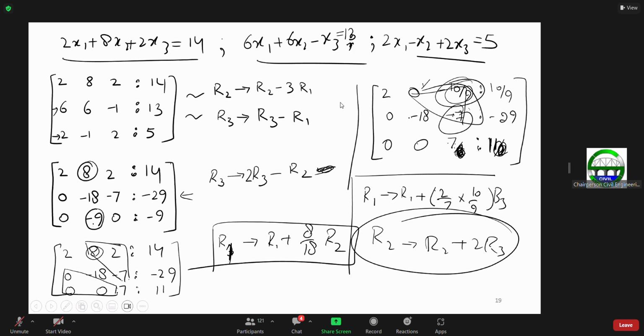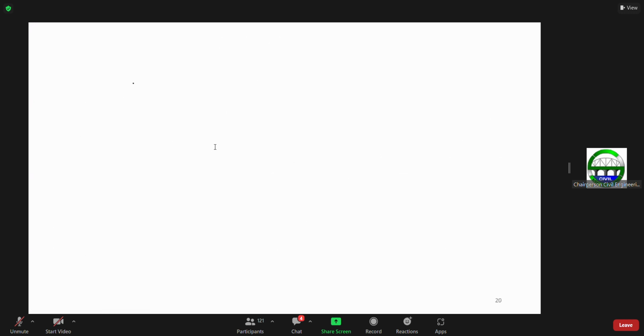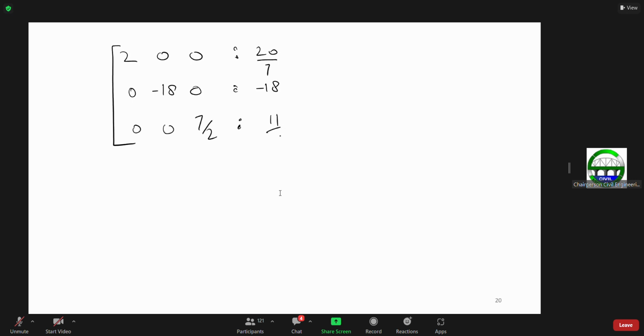So once you have this one, let me show you, your final matrix will look like this: 2 0 0 and 20 by 7, and then 0 minus 18 0 minus 18, and then 0 0 7 by 2, 11 by 2.